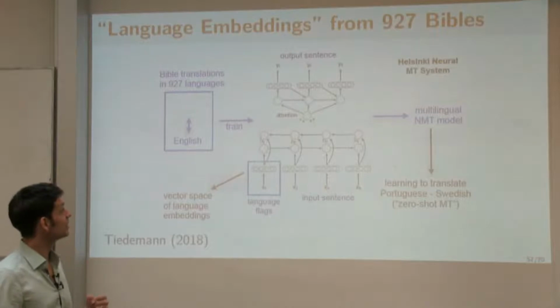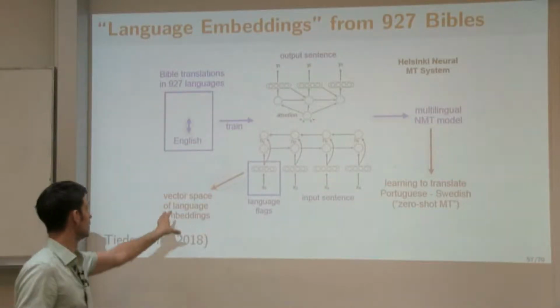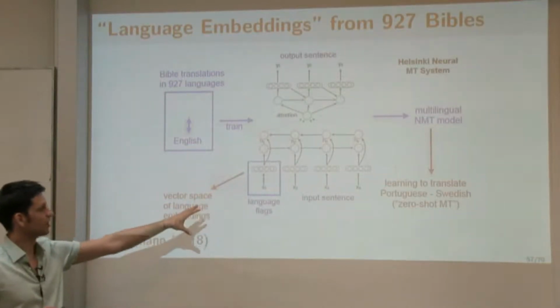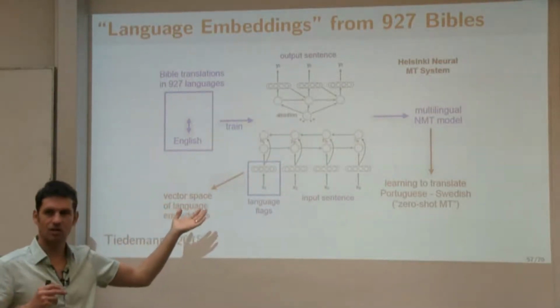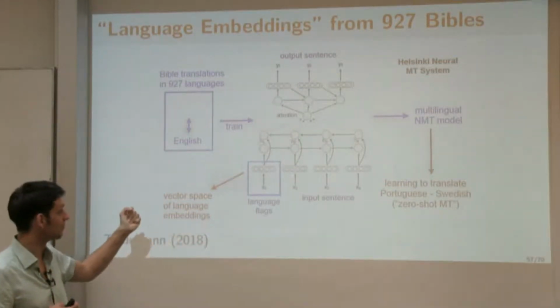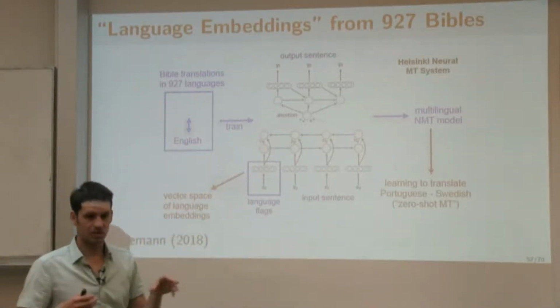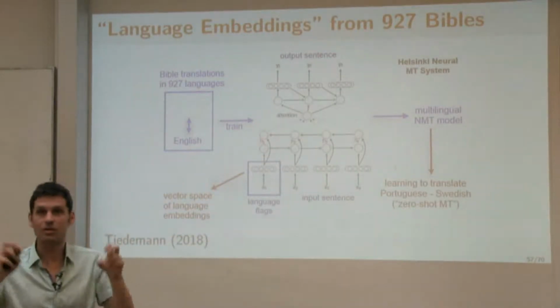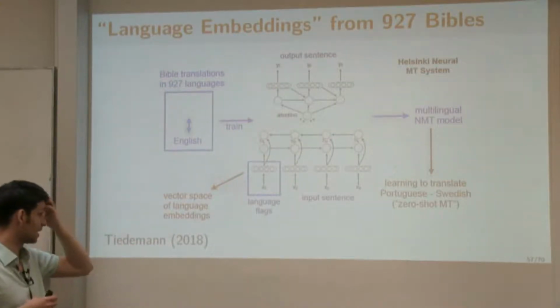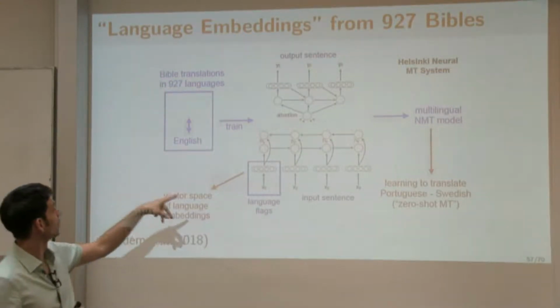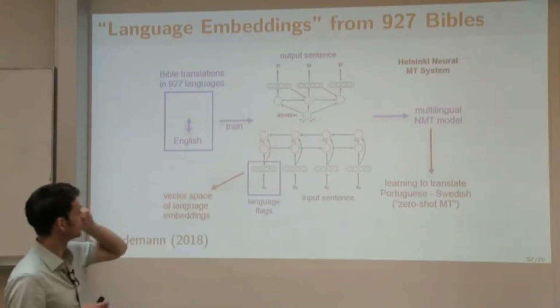And it's interesting to look at this token, because this token receives the standard embedding as other words receive. So we can use this token to look at the language level embedding. And this is what Jörg Tiedemann did in 2018 with this recurrent neural network system.